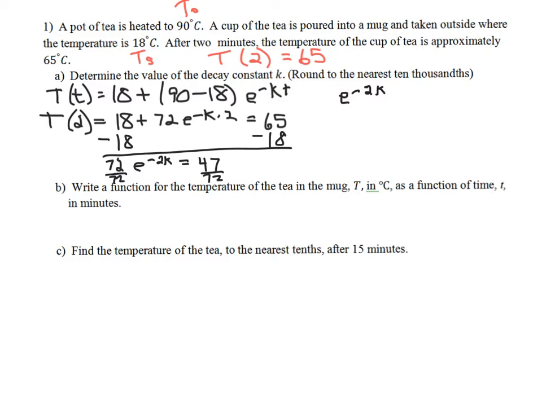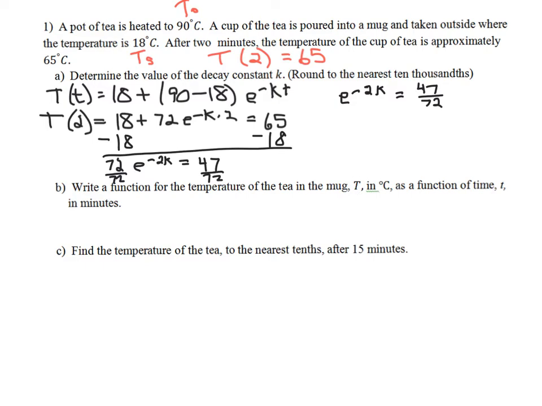So I've got e to the negative 2k is equal to, now this is where it's up to you. You can do the division of 47 divided by 72 and store that decimal, or you can leave it in fraction form, 47 over 72, and not have to worry about carrying out a whole big decimal. It's okay to divide and store that decimal too.